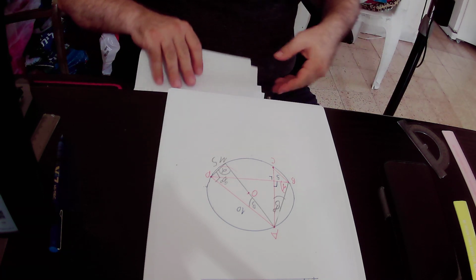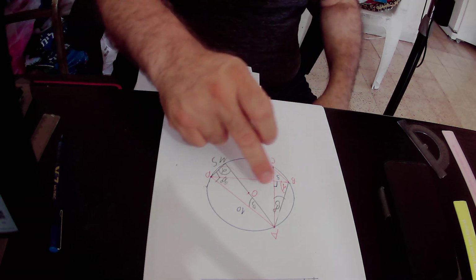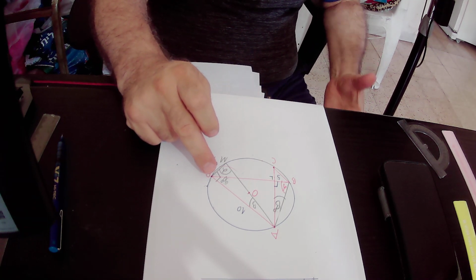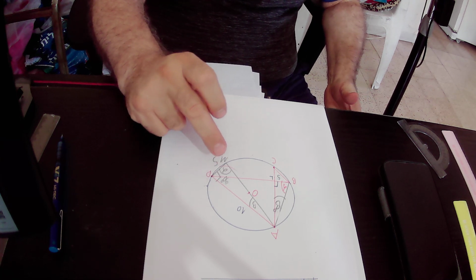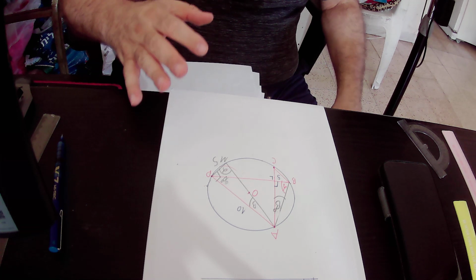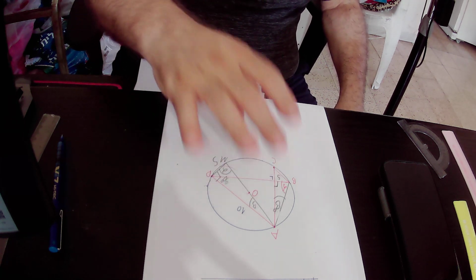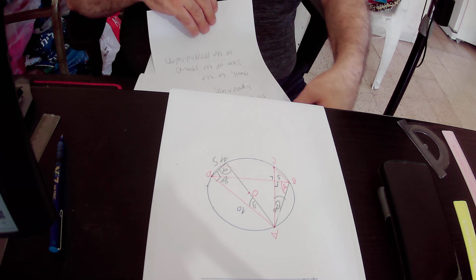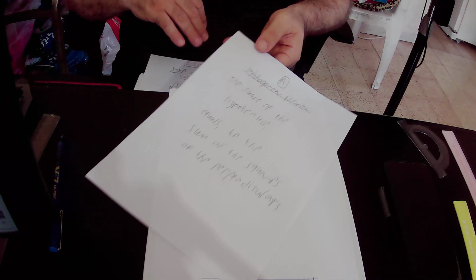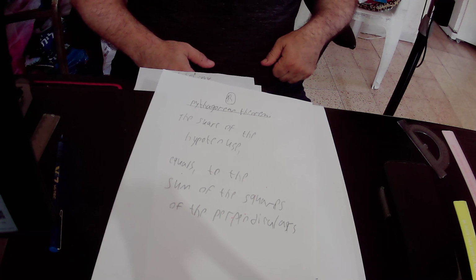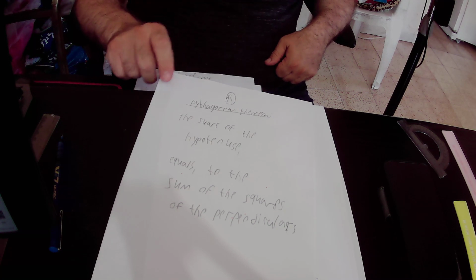And we actually have here a right triangle. We can implement the Pythagorean theorem in order to find the value of the hypotenuse AM, that is also the diameter of this circle. According to the Pythagorean theorem, the square of the hypotenuse equals the sum of the squares of the perpendiculars. Okay?